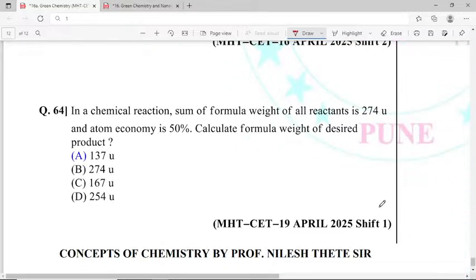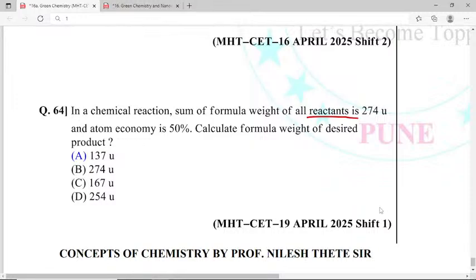In a chemical reaction, the atom economy is 50% with respect to the sum of formula weights of all reactants. Calculate the formula weight of the desired product. So 50 equals X divided by 274 multiplied by 100.